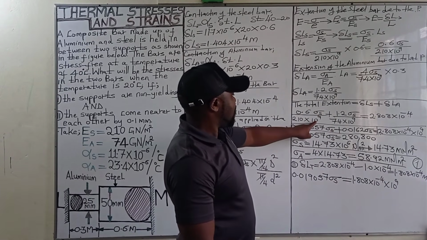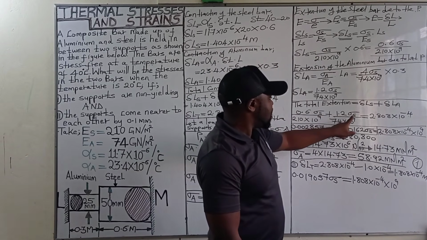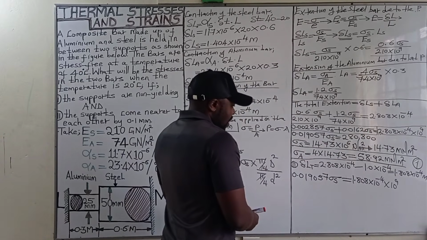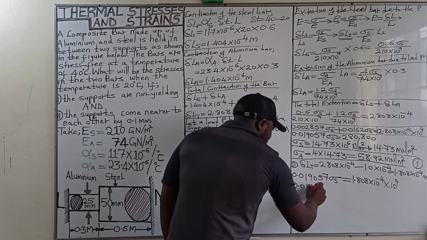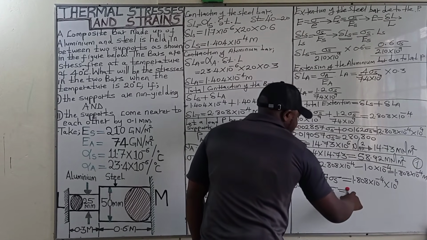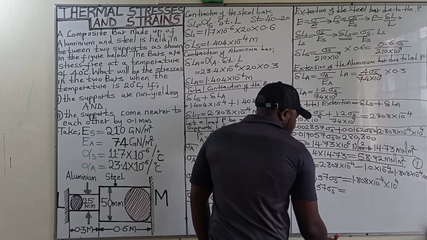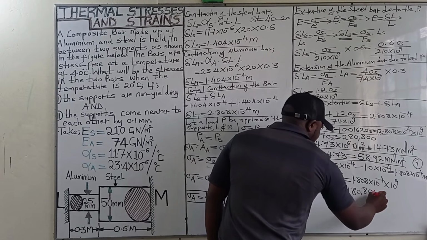Remember, we removed this 10 raised to the power of 9 by multiplying each part of this equation by 10 raised to the power of 9. So this is going to be 0.019057 stress in steel, which is equal to, when you multiply these values, 180,800.